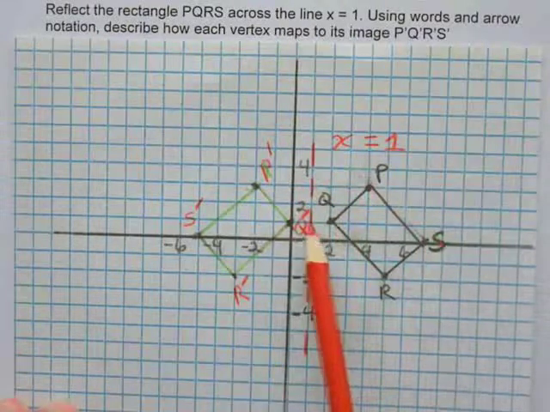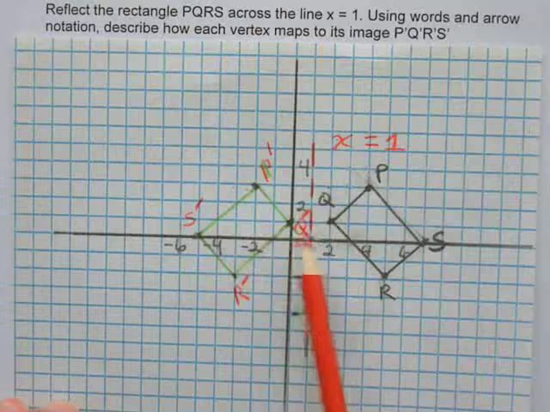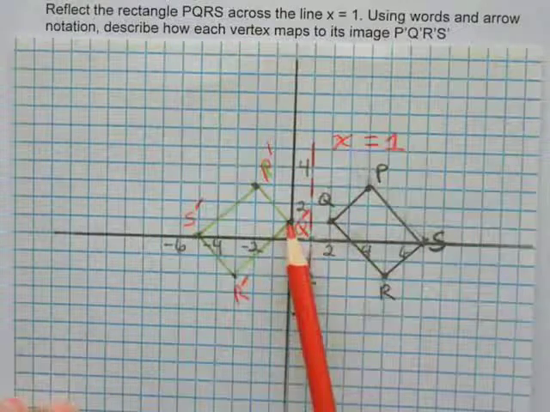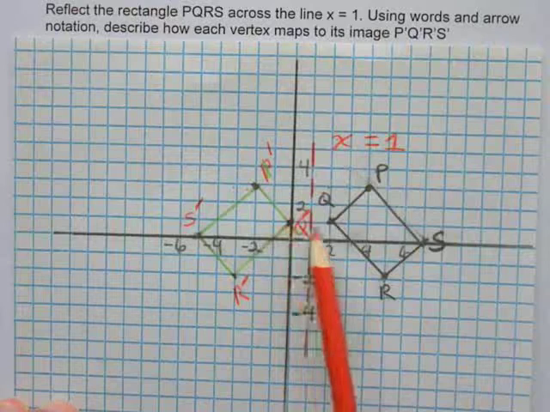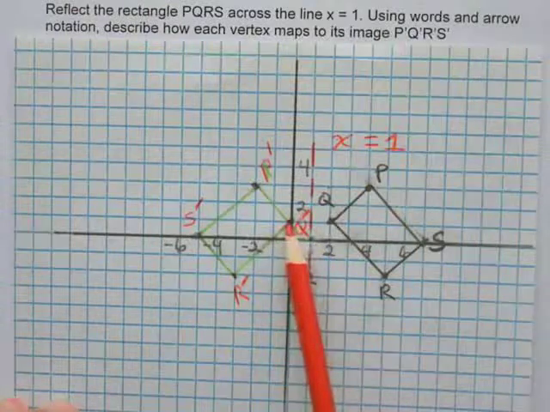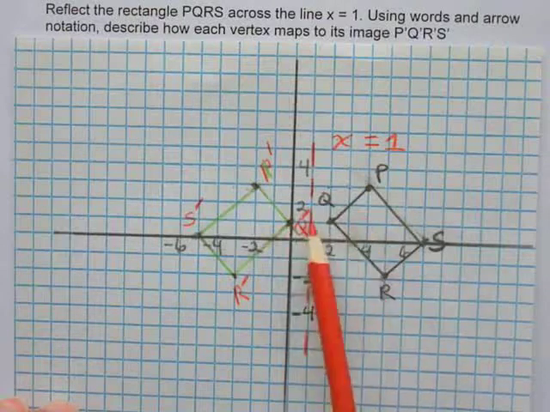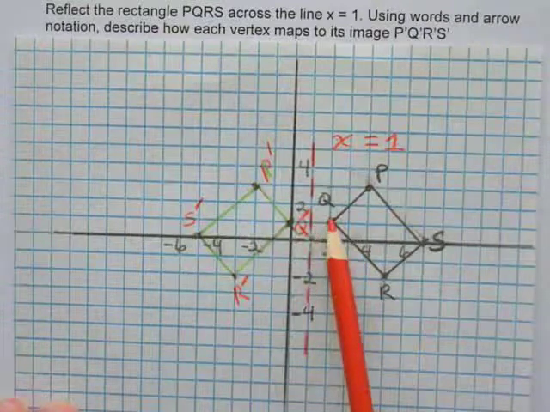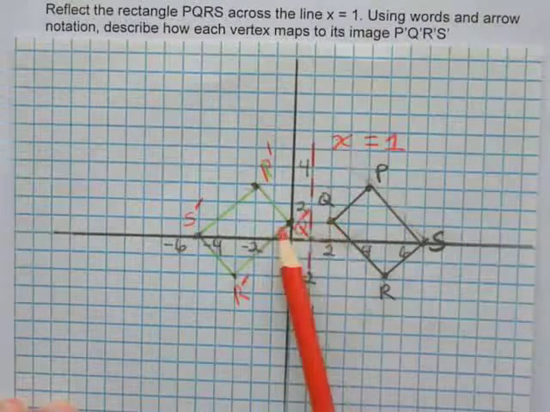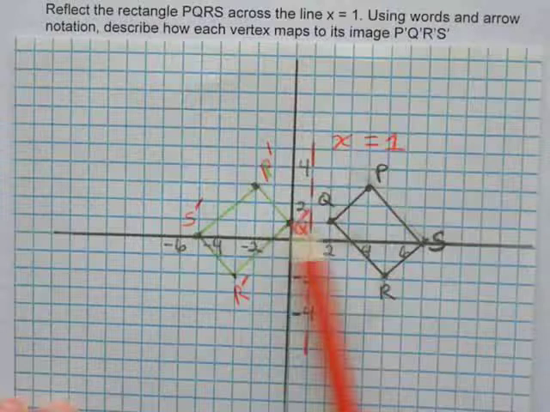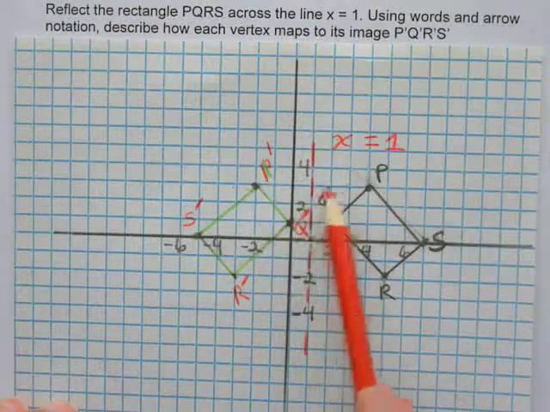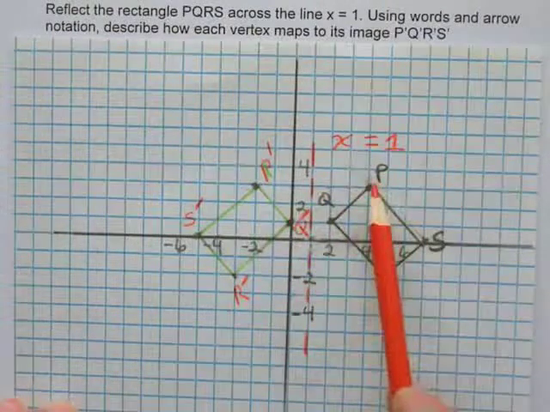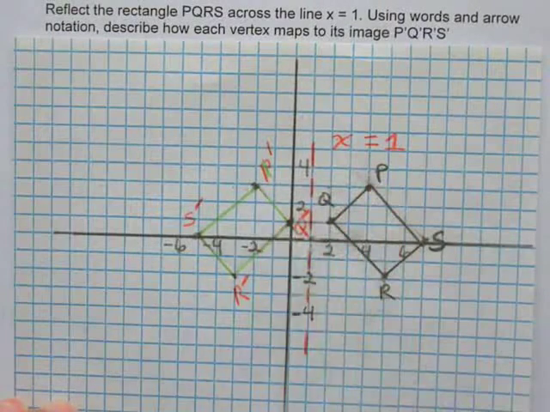And then I reflected the image by finding those vertices, and I did that by counting the units to the left, because this image was on the right, from the line of reflection. Once again, Q was 1 from the line of reflection. Q prime is 1 unit from the line of reflection. P was 1, 2, 3 units from the line of reflection. P prime is 3 units from the line of reflection.